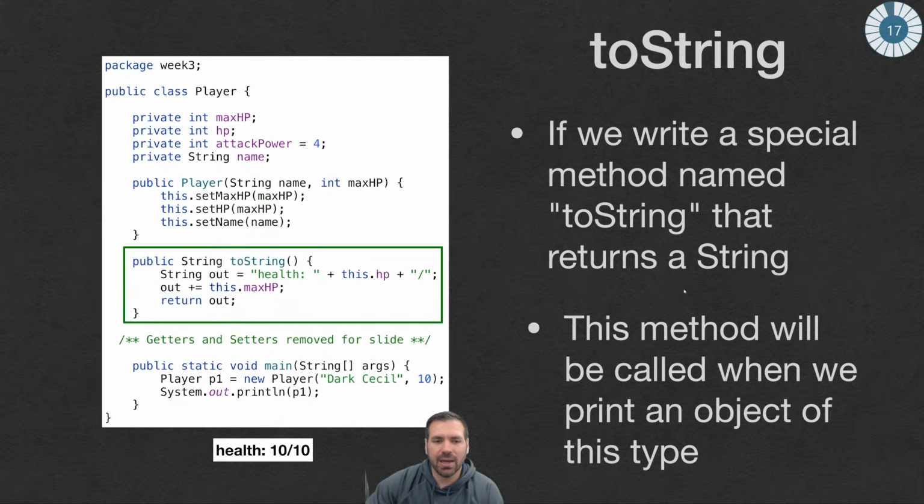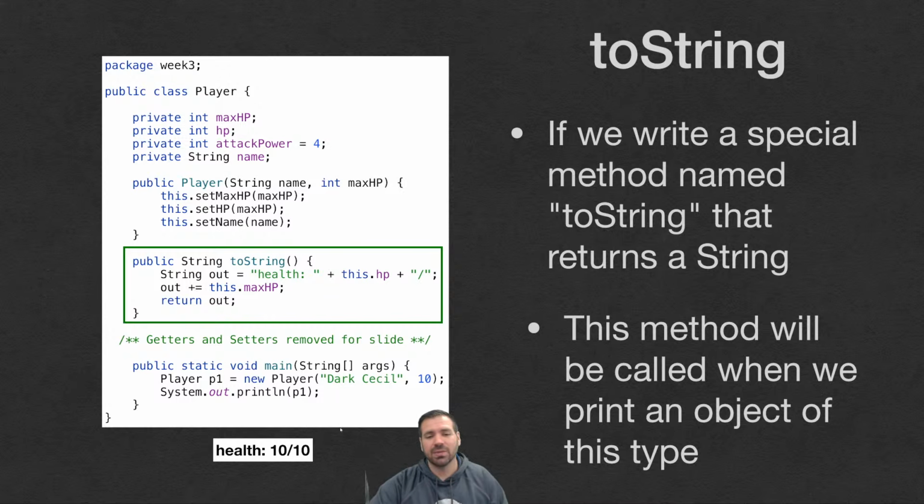But we can write a special method called toString. If you write a method named toString that takes no parameters and returns a string, and make sure it's public, whatever you return from this method is what will be printed to the screen when you print your object. So println knows to call toString on this object, and whatever toString returns is what's printed to the screen.